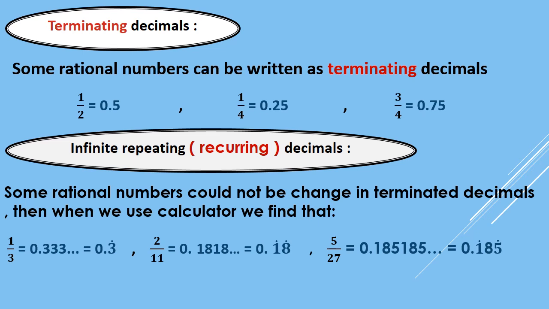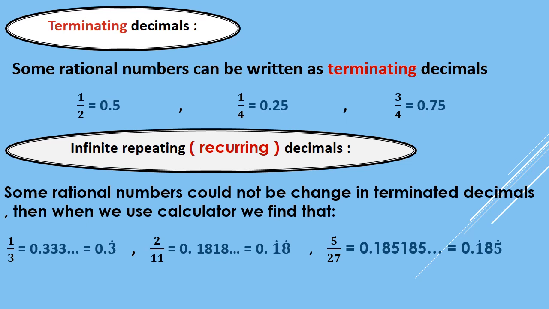It must be written in the form 0.3 with a point above the 3. This is a recurring number. 2 over 11, using your calculator, will be 0.18, 18, 18, and so on. So you will put a point above 1 and 8.